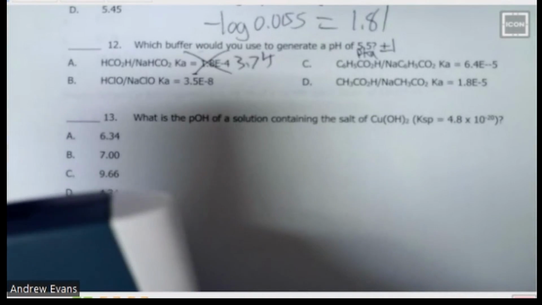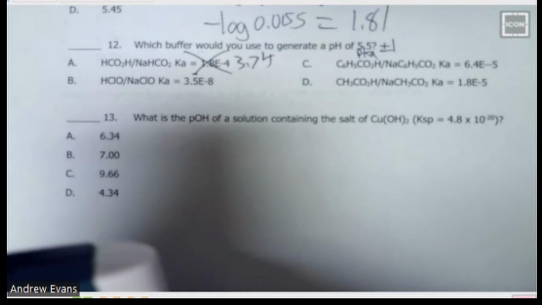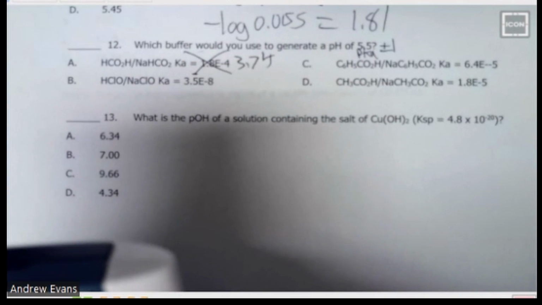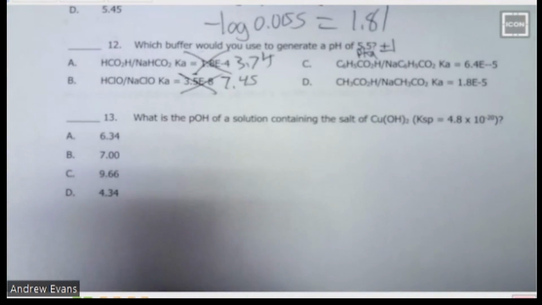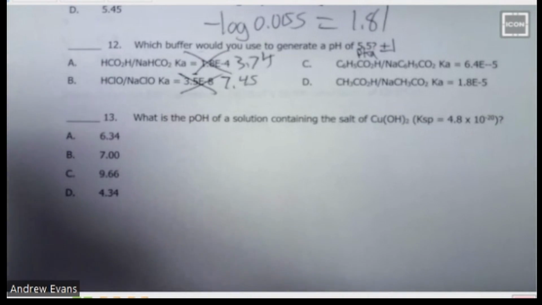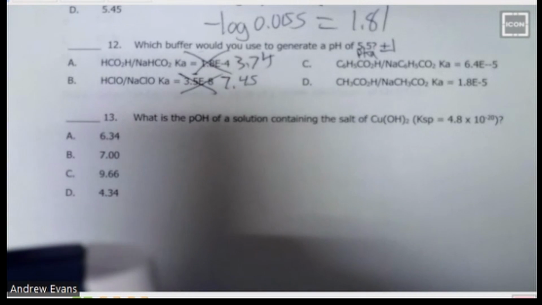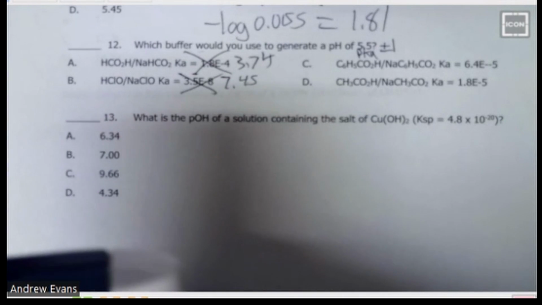So we have, what about 3.5 times 10 to the negative 8th? 7.45. I gave you all Ka's. I tried to make it easier. So 6.4 times 10 to the negative 5th.